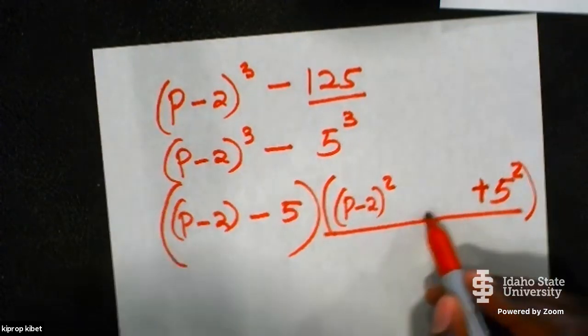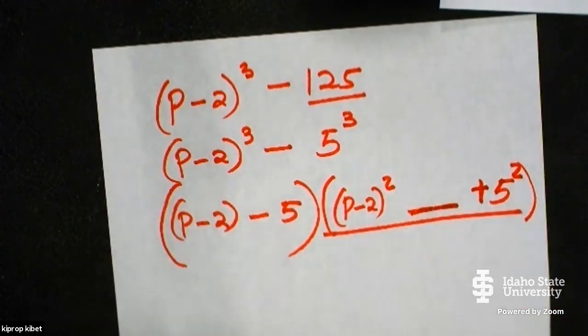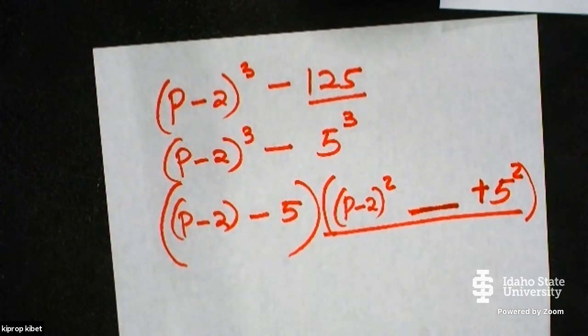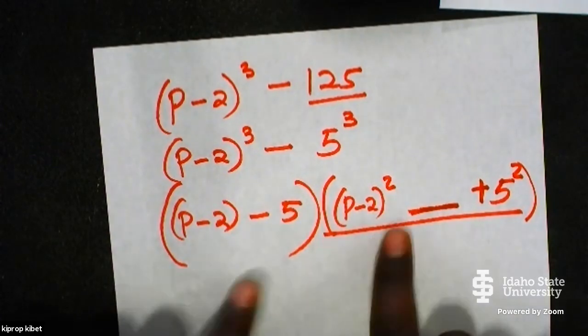So what will be our value now in the next one? So what will be our value? So that we get a 0. So what will be our value here?